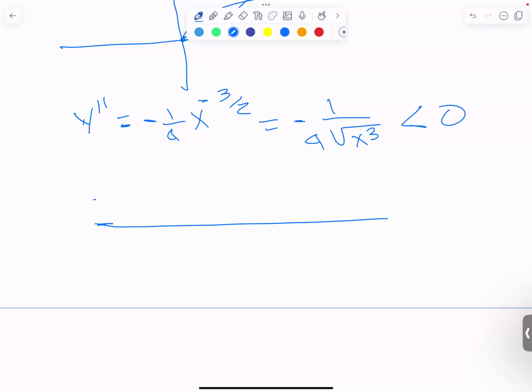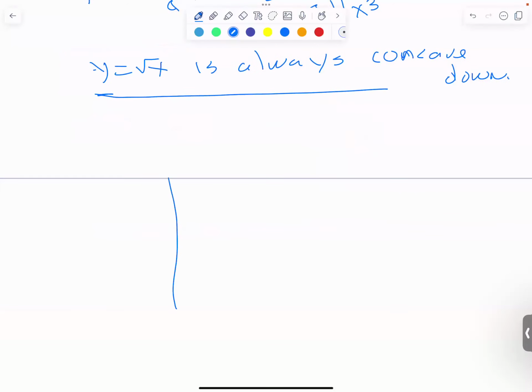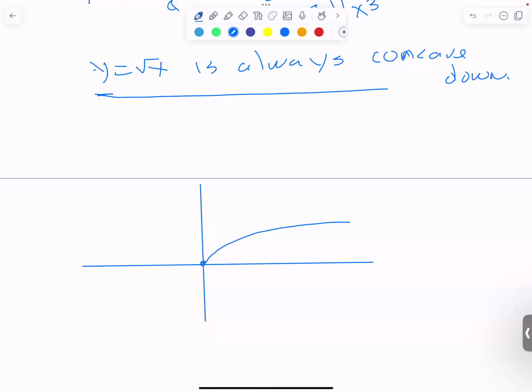And since it's always negative, y equals square root of x is always concave down. If I graph the function, it looks like this: increasing and concave down all the time.